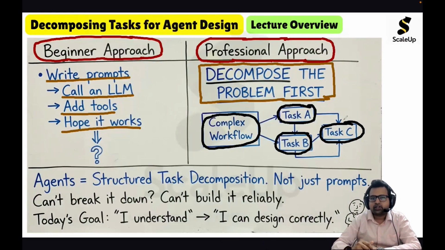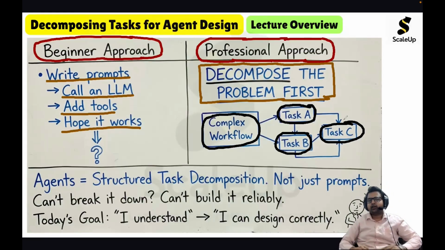This makes the overall system predictable, because if something is wrong, we can tell that task A failed, task B failed, or task C failed, and that is the root cause of the problem. If we can analyze the root cause, we can very easily debug and solve the problem. This is the professional approach, and this is what we will be studying in this lecture.